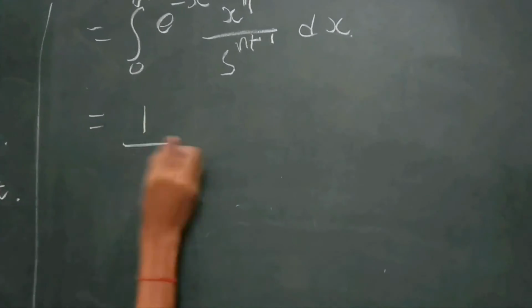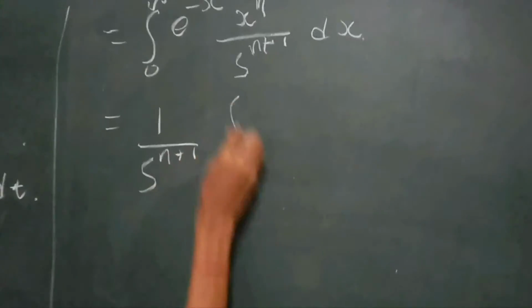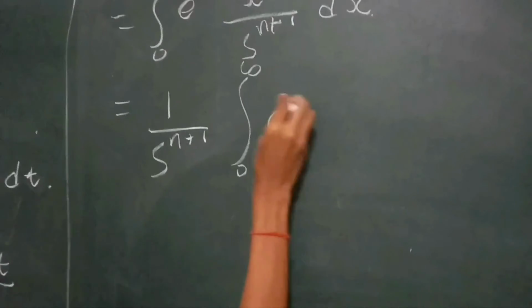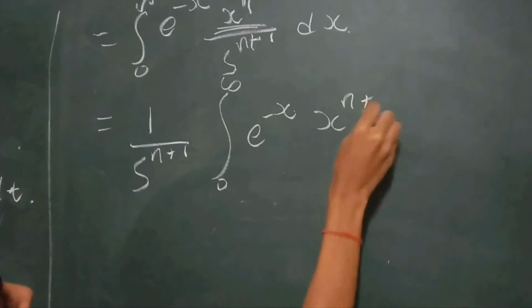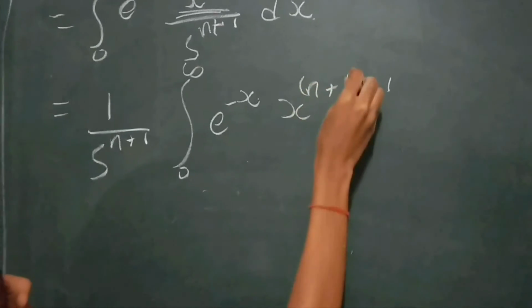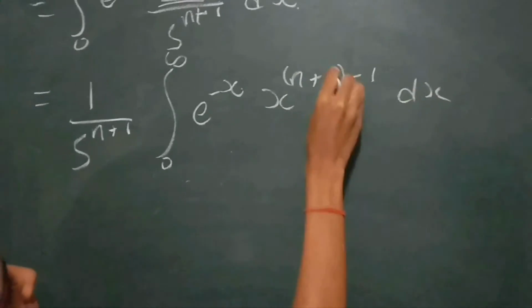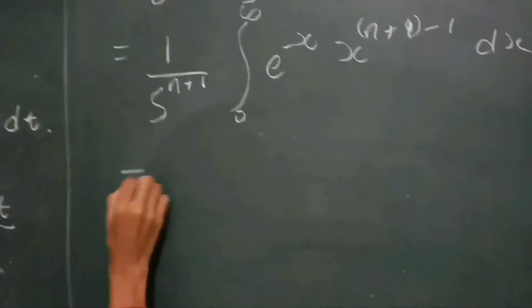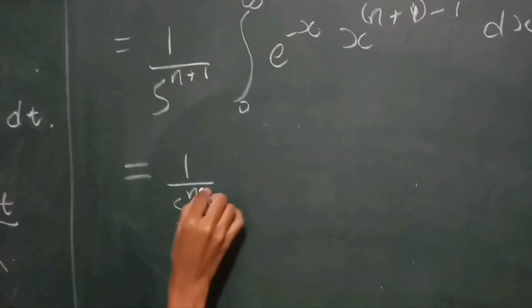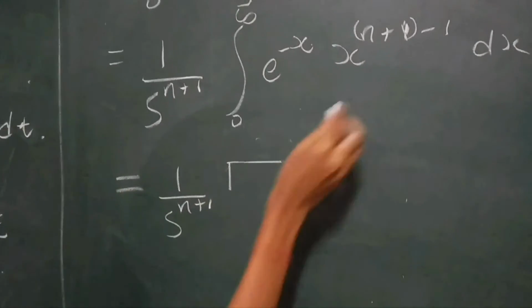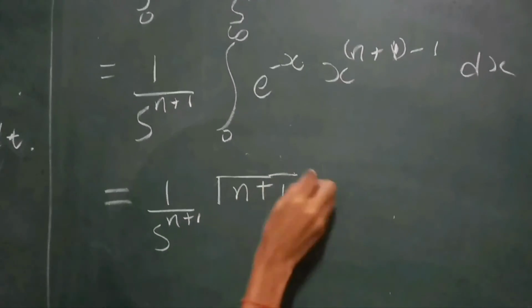Now 1 upon s raised to n plus 1, times the integral from 0 to infinity of e raised to minus x. We can write this as x raised to n plus 1 minus 1 dx, which is equal to 1 upon s raised to n plus 1, and this means gamma n plus 1.